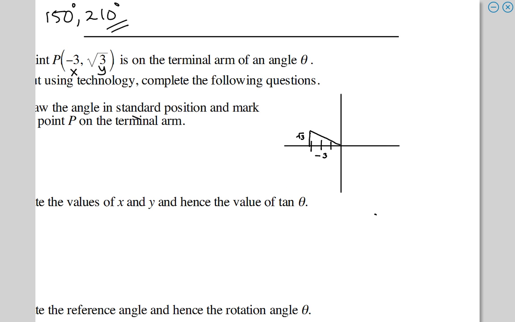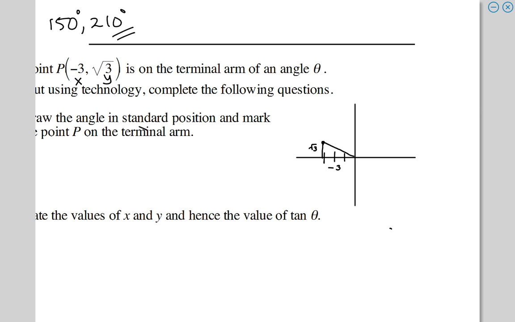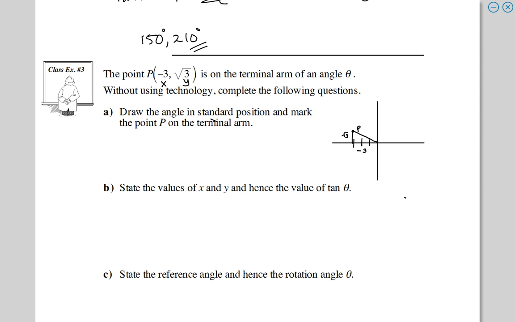We have our x, we have our y, and we have the point P, which is right here, point P on the terminal arm in standard position. The bow tie, right? The bow tie, standard position. And we rotated starting, so this is the rotation angle.